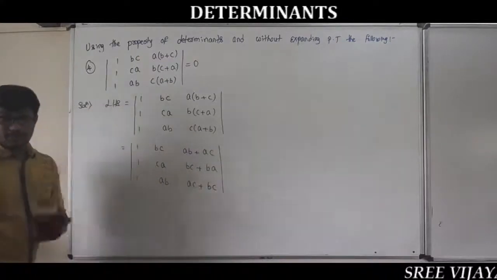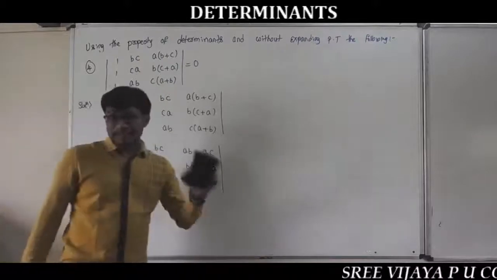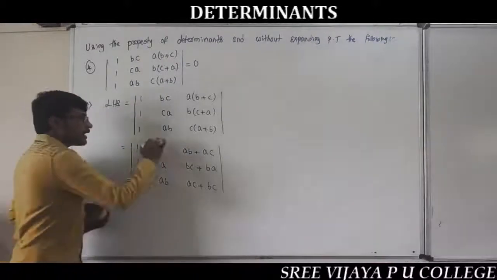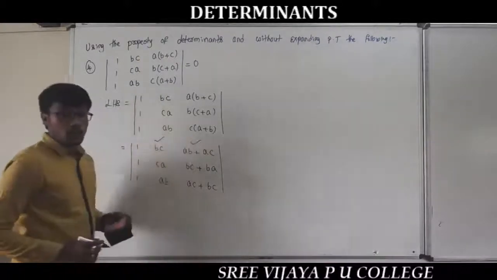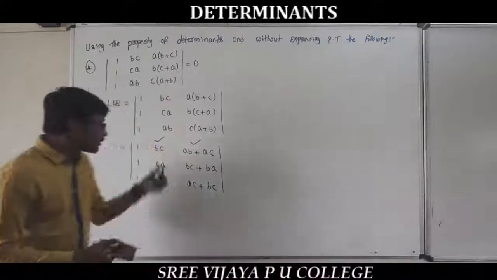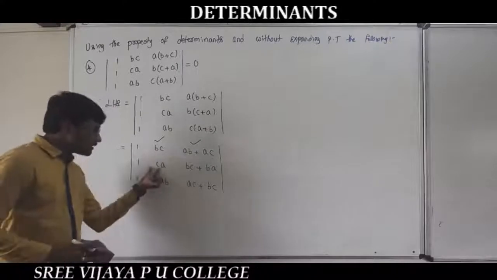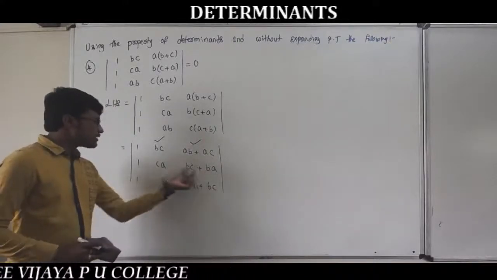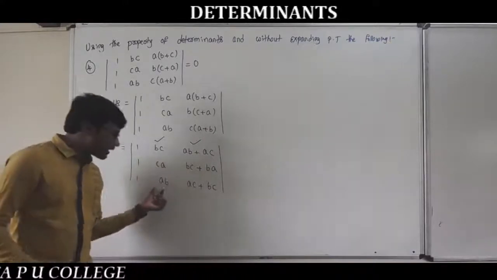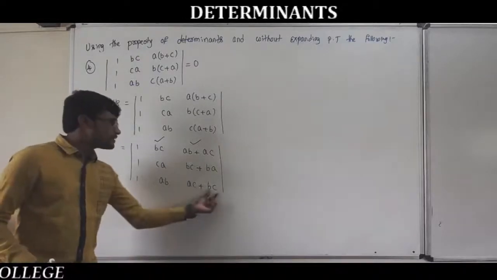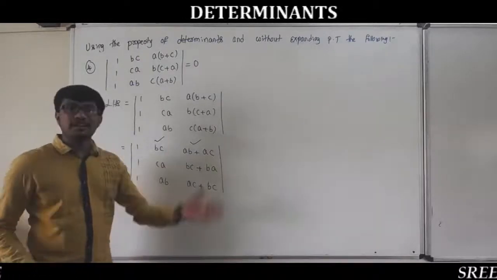Now we can split it, but instead I can add these two. Why I can add these two: if I add this and this, AB plus BC plus AC; this and this means AB plus BC plus AC. You will get all the elements the same, right?